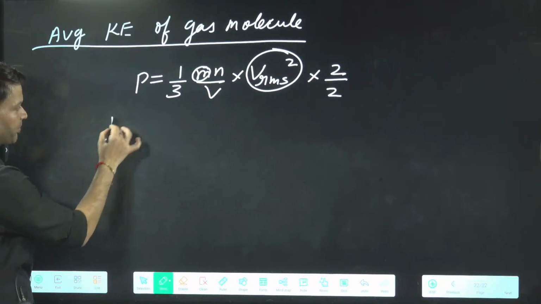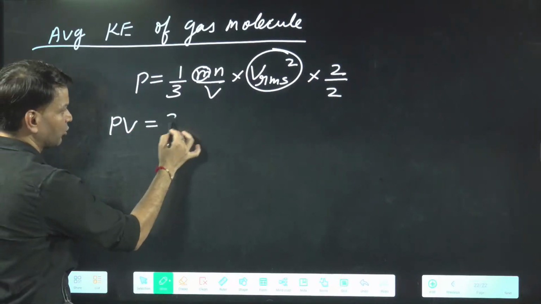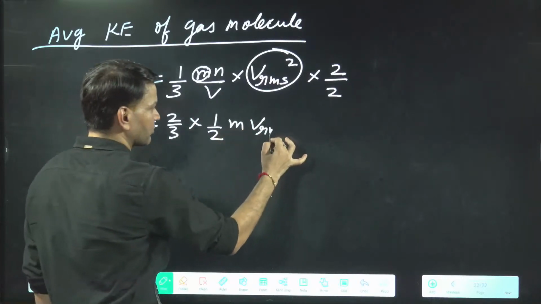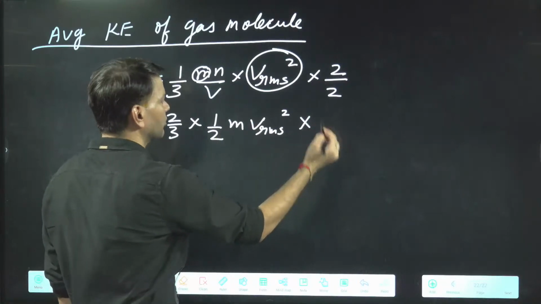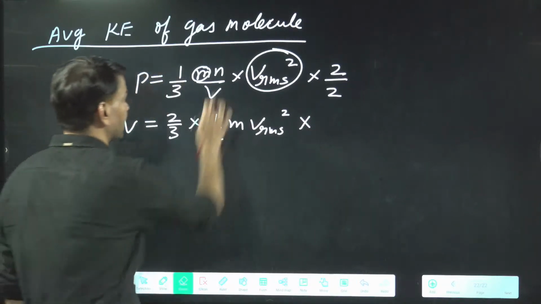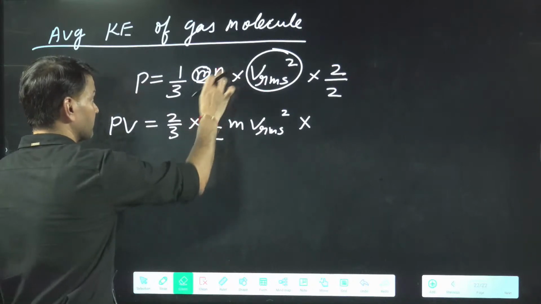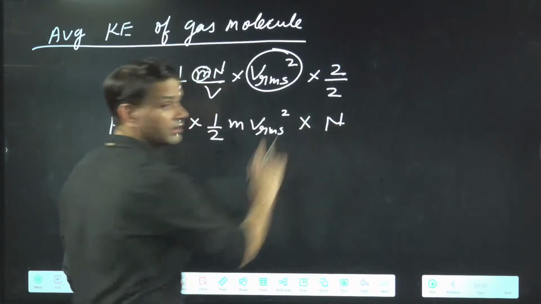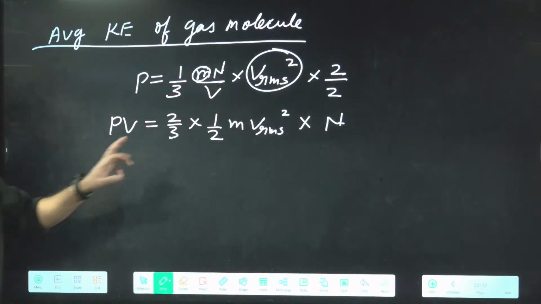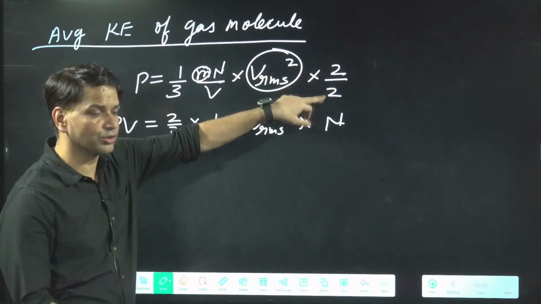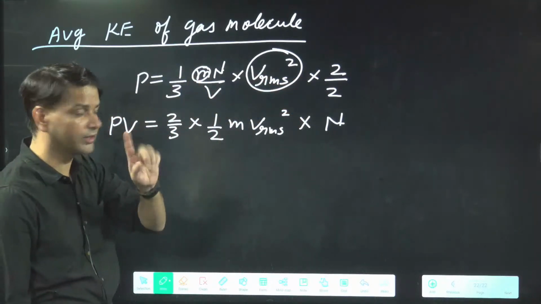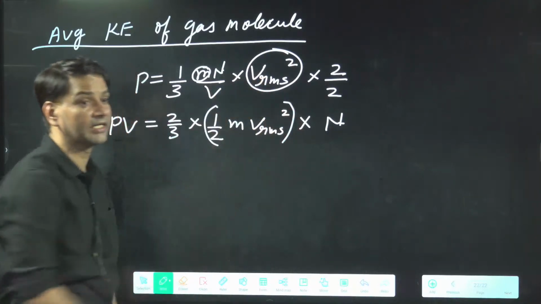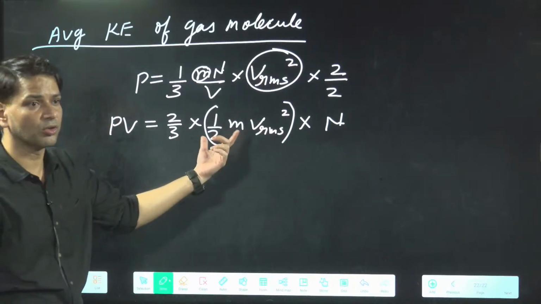So I can say PV is equal to 2/3 into 1/2 m V RMS square into capital N. What I did, I just multiplied by 2 and divided by 2, no change. Small m means mass of one molecule, into V RMS square into half. So half m V RMS square, this is the kinetic energy of one molecule. Yes or no?